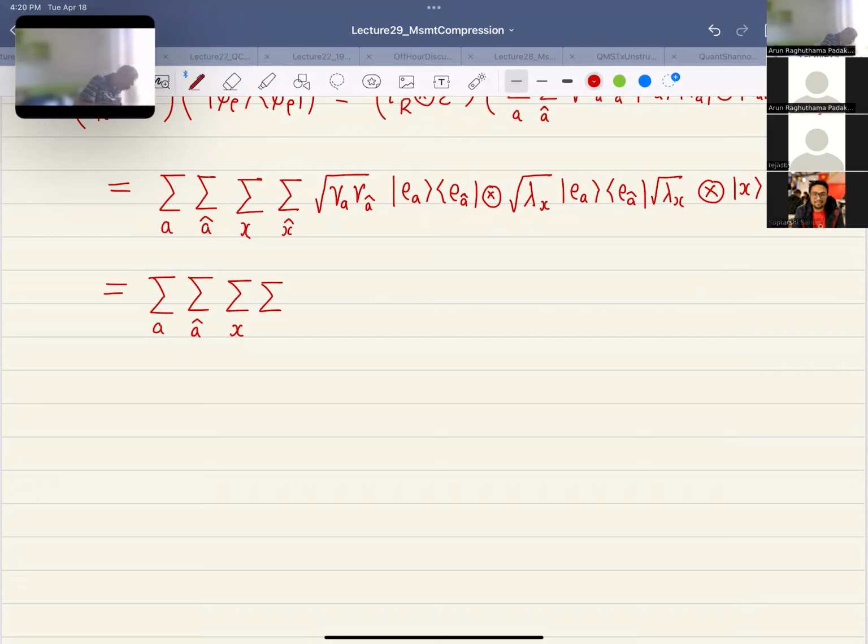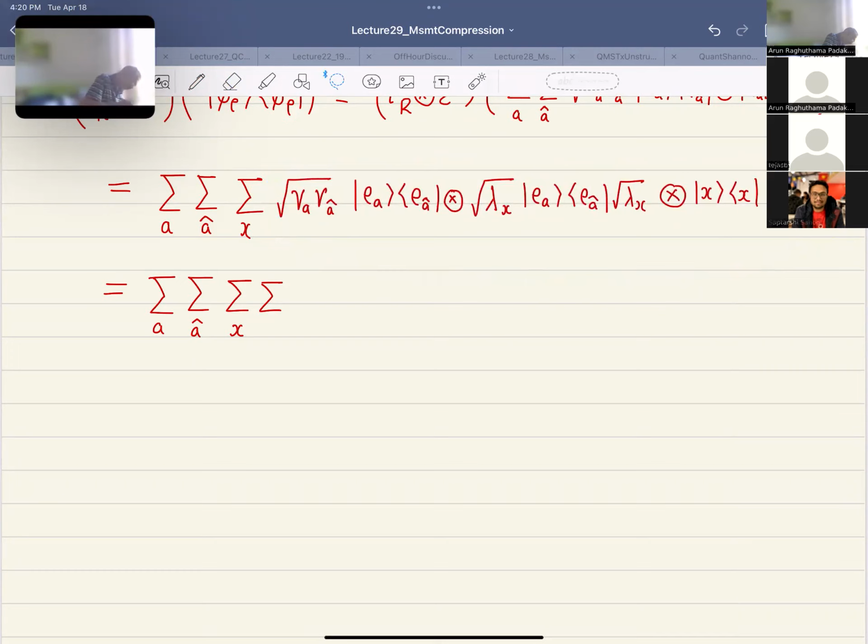So this is not, there is no x hat here. There is only x. Okay. I'll actually do the transform trick, but I'll do it explicitly. I'm not going to just use it.